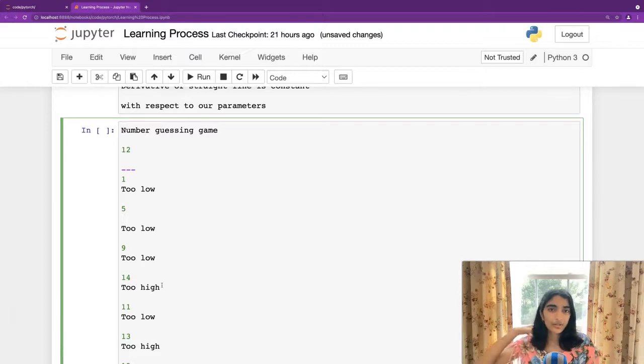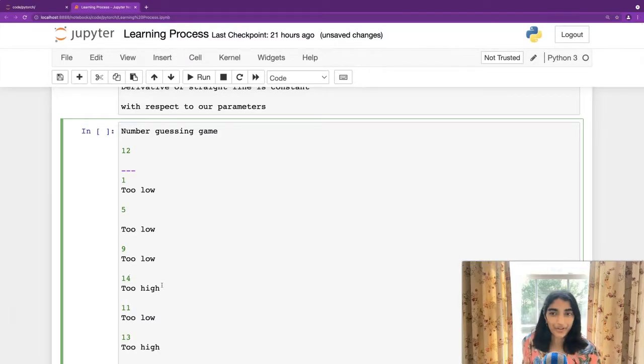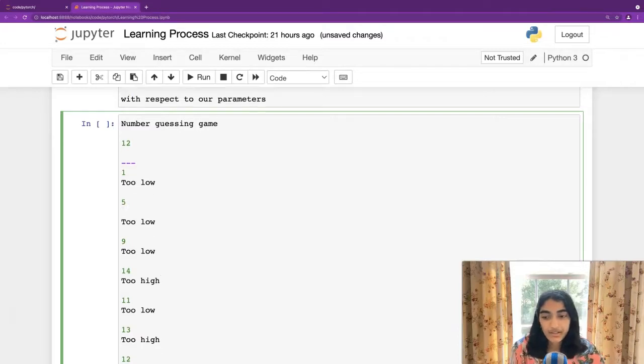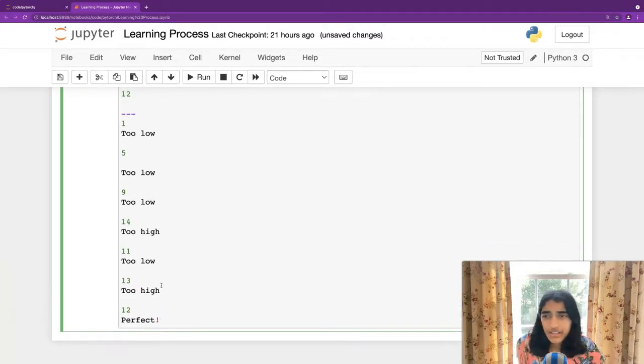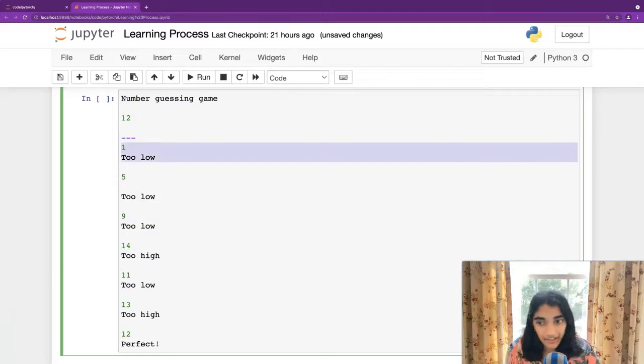So that's the same iterative process. If you're familiar with loops, which you kind of have to be if you are going through this PyTorch tutorial, iterations are just the way we use it in real life. If we iterate through this sort of guessing game, it's like trial and error.